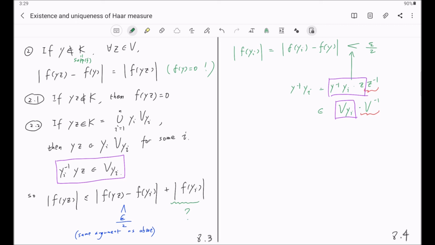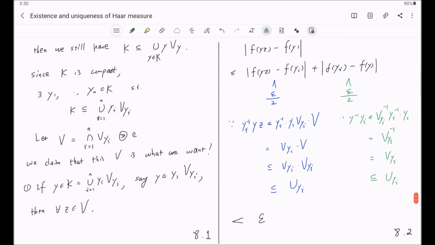And now, what is this guy? This guy, first, by the symmetry, is equal to v sub yi times v. Notice that here v is also a symmetric set because v is the intersection of n symmetric sets. So itself must be symmetric.